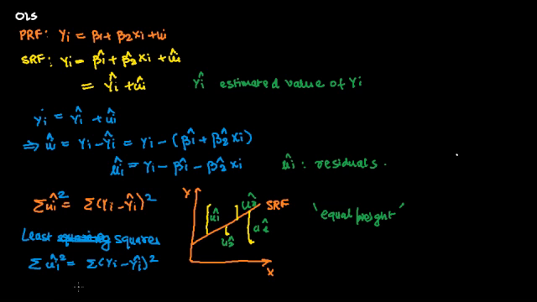Clear? Which is actually equal to summation of yi minus beta 1 hat minus beta 2 hat xi, squared. Clear? So under the other rule, the sum can be small even though these residuals are widely spread out from the SRF.